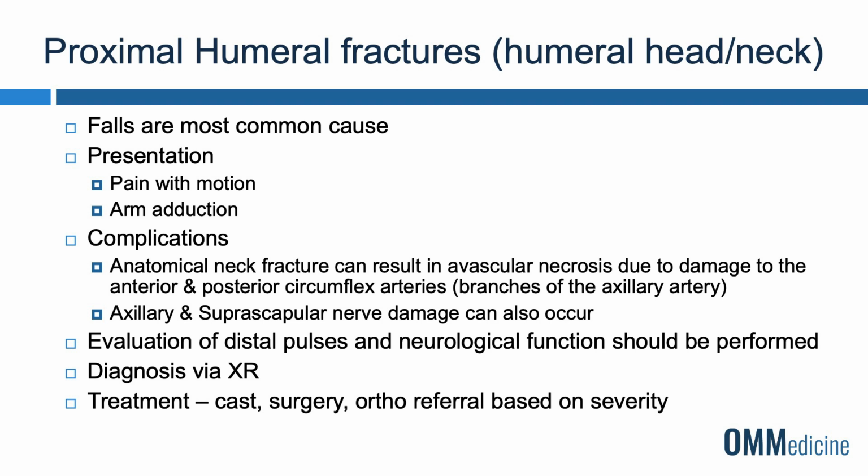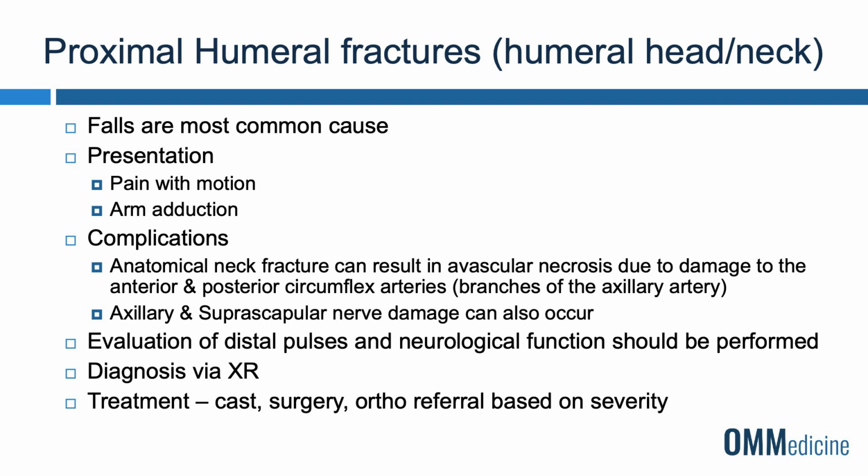Now, a very common complication of humeral fractures is going to be avascular necrosis of the humeral head. And the reason for that is because any damage to the humeral head or the humeral neck will also likely damage the anterior and posterior circumflex arteries, which supply blood to the humeral head. And so when you disrupt the blood supply to this area, you'll get avascular necrosis of the humeral head.